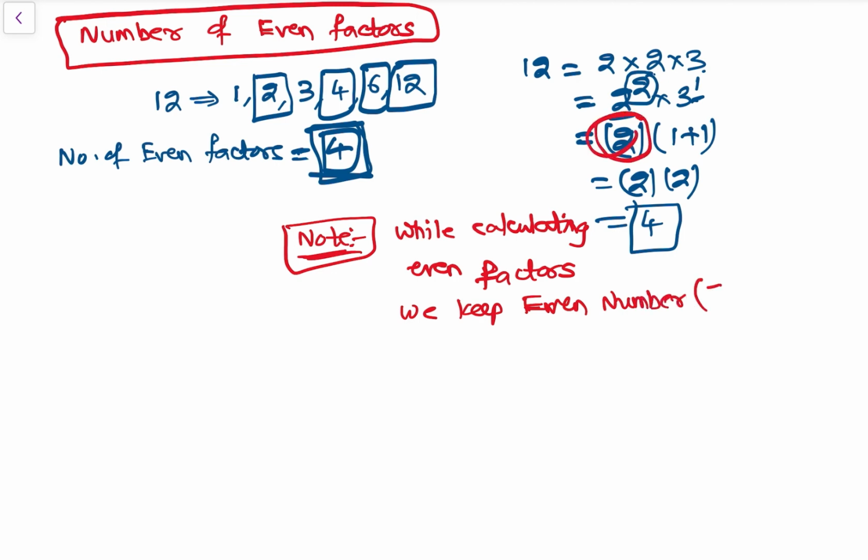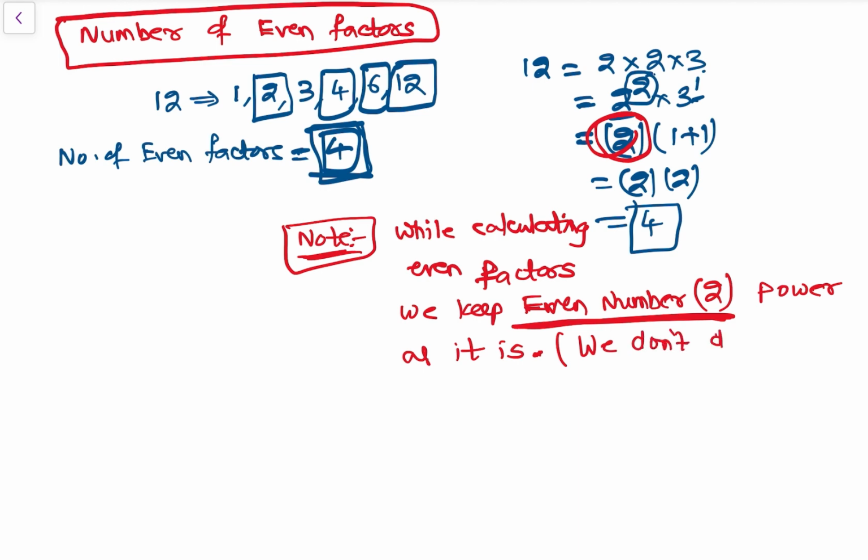So even number will always be 2. 2 का power we keep as it is, we don't add 1. ठीक है, इवन नंबर्स में पावर को जैसे है जितना है उतना लेंगे, और we don't add +1. ठीक है, ऑड नंबर्स का पावर्स का we will add +1.